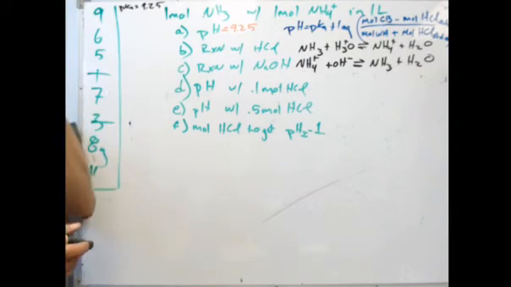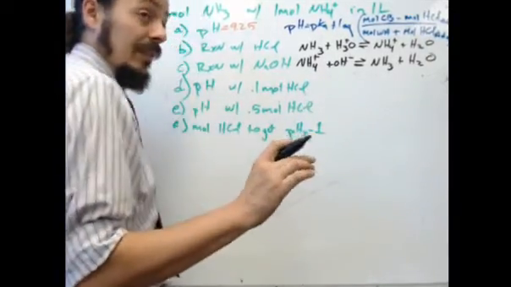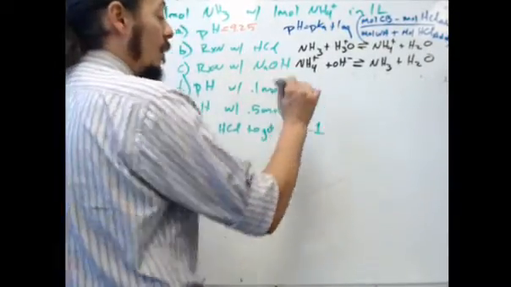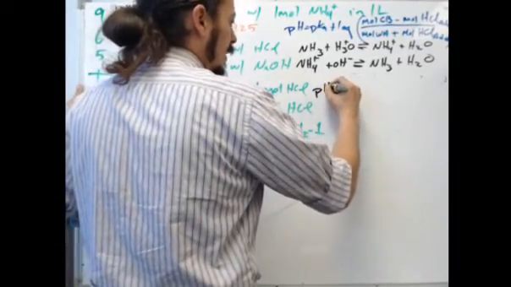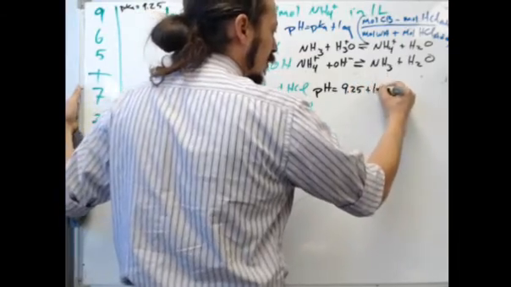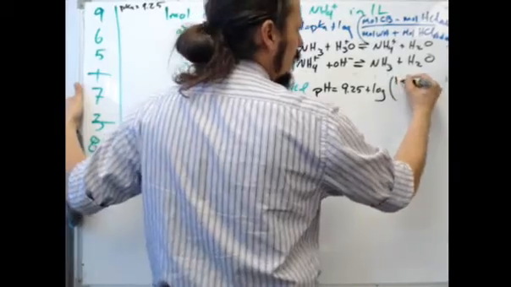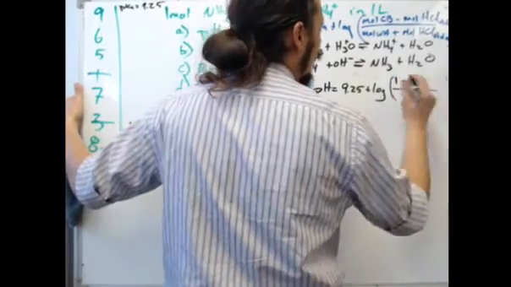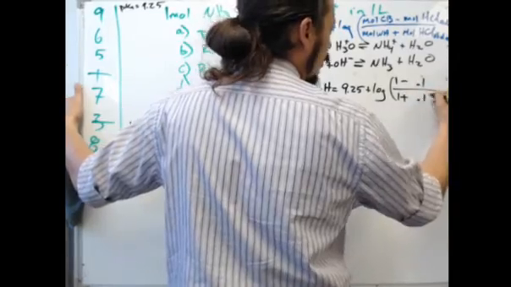Now we can go ahead and do part D. Part D, again, this was on the quiz. Part D is pH. I'm just going to plug numbers in. It's 9.25 plus log. Moles we start with is 1. Moles that's added is 0.1 divided by moles we start with 1 minus, plus moles we added 0.1.